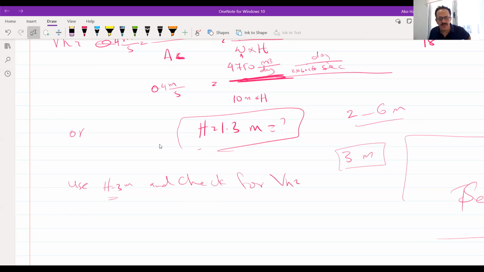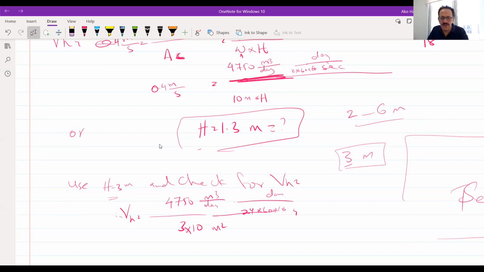Now, if I have h equal to 3, the horizontal velocity will become equal to 4,715 meters per day, and also this is day, this is 24 hours, 60, divided by the cross-sectional area. Now we have 3 times 10 meters squared.